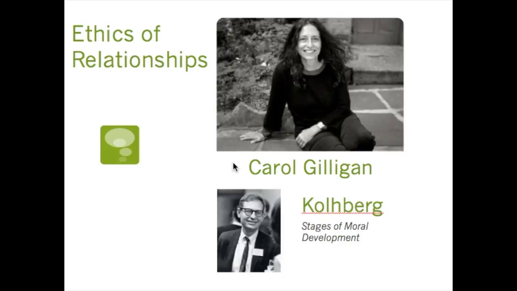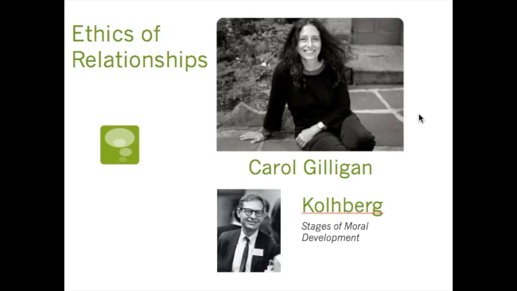Where does this come from? Well, basically it comes from Carol Gilligan, and now there are many other philosophers behind her, but this is a 20th century philosopher who was the student, and you already read about the story in your book, the student of Kohlberg, who had some ideas about the stages of moral development. Basically his theory was that girls were morally developing at a lower rate or an inferior rate than boys.